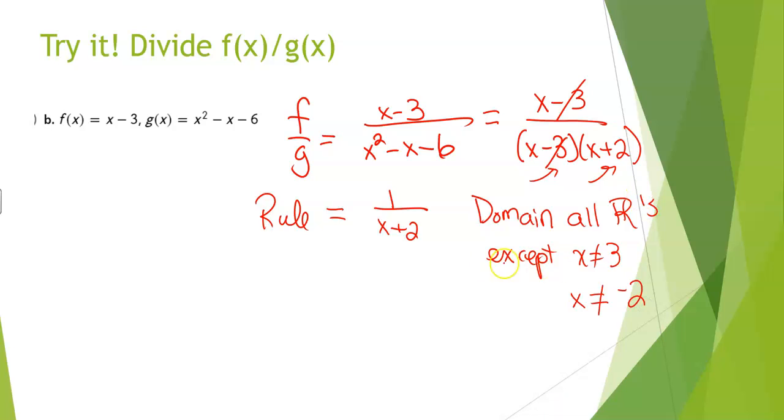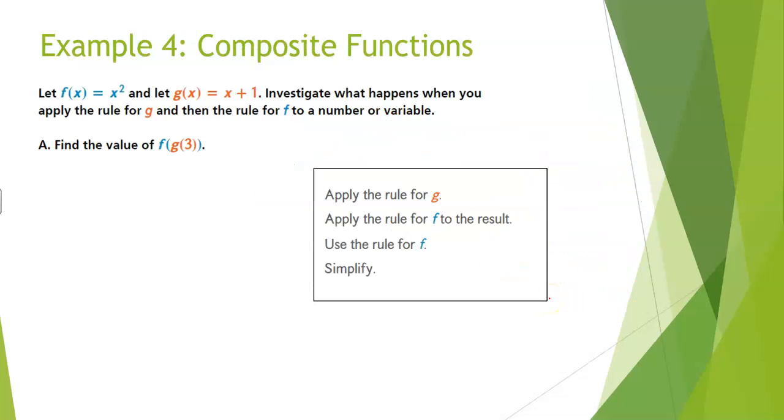So I guess technically you would accept x being 3 and x being negative 2, but you just need to know that x cannot be 3 and x cannot be negative 2. Maybe this shouldn't be written like that.